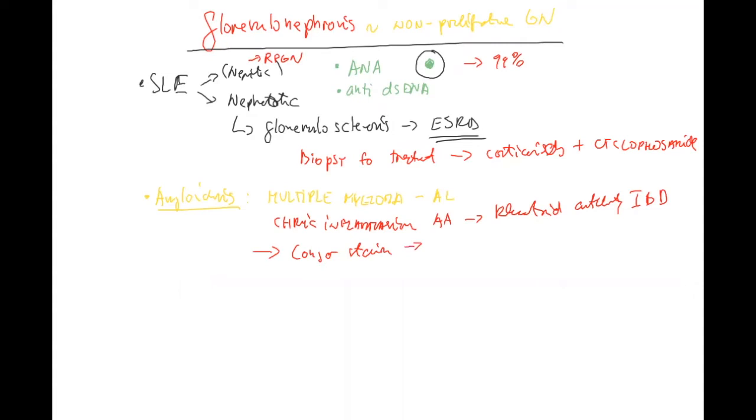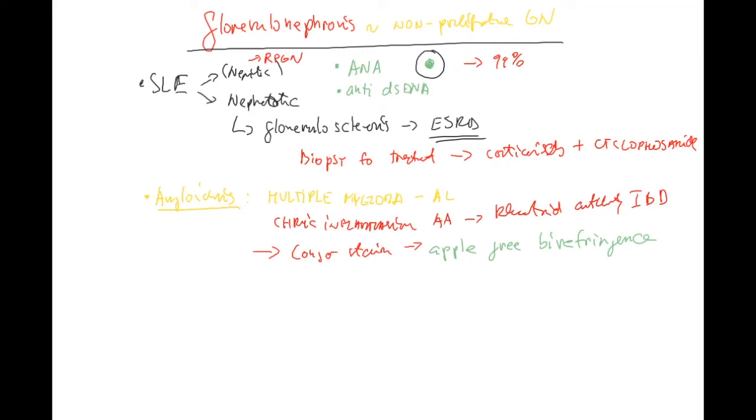Okay, so remember, that's apple green. I'm going to write it like that, that's what the pathologist will want you to say, birefringence. Okay, so apple green birefringence. Okay, that's crucial. This is more important than Congo red. Birefringence is diagnostic.